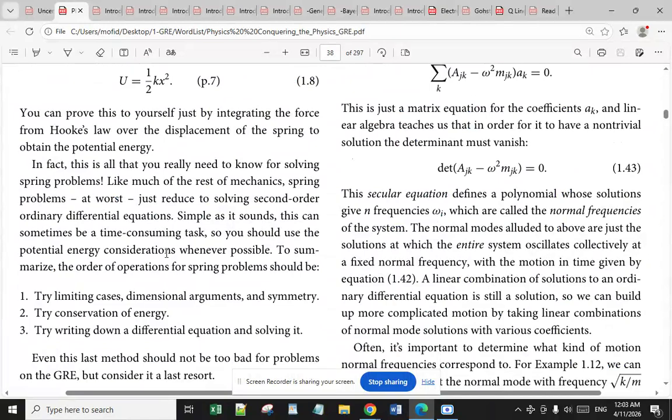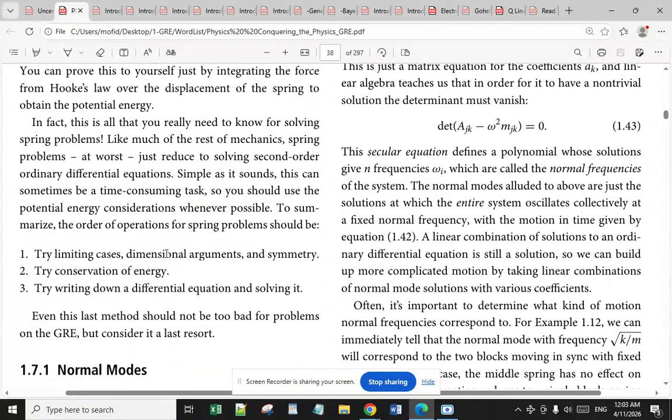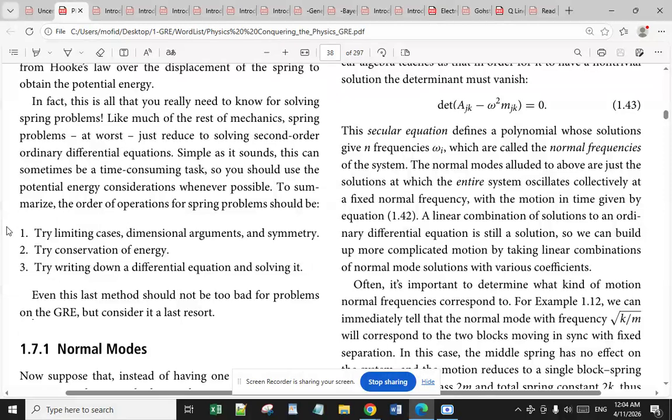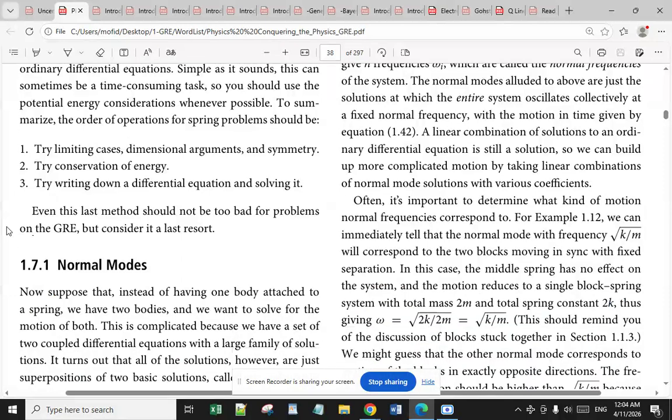To summarize, the order of operations for spring problems should be: first, try limiting cases, dimensional arguments, and symmetry; second, try conservation of energy; third, try writing down a differential equation and solving it. Even this last method should not be too bad for problems on the GRE, but consider it a last resort.